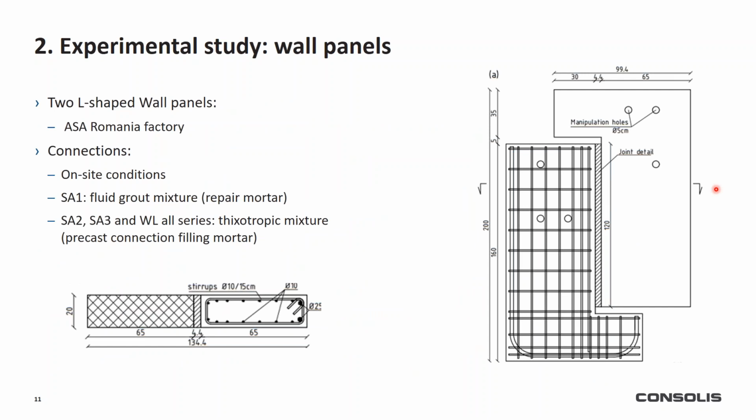These are the test specimens. We had 2 L-shaped wall panels that were cast in Romania in a precast factory, and we cast the joints in on-site conditions with materials that are used for such connections, with grouts and mortars, respectively.